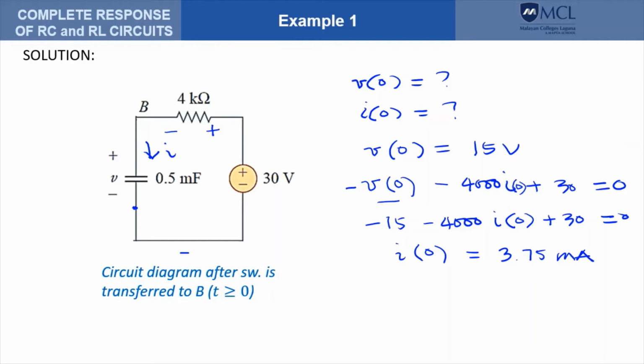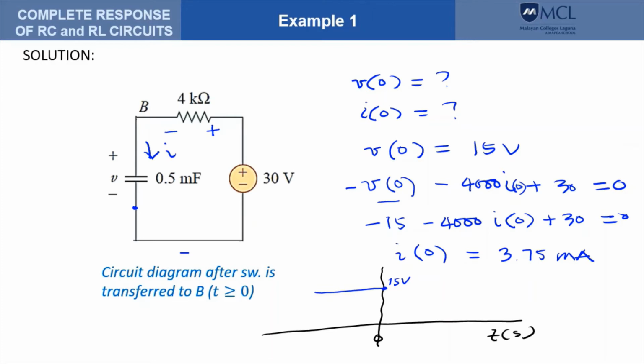If we are to plot the voltage and current of the capacitor, that would give us something like this. Let's say this is our axis and this is time here. For the voltage at steady state, it is 15 volts. So this is 15. And then at t equals 0, it is still 15.